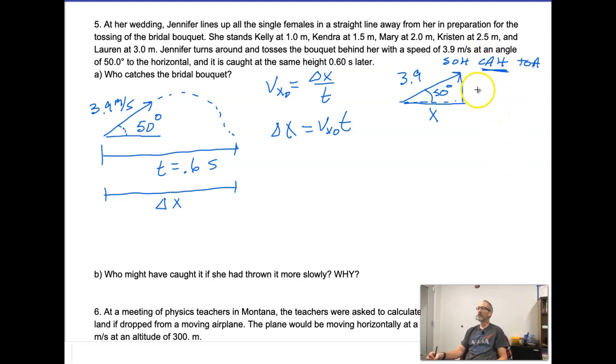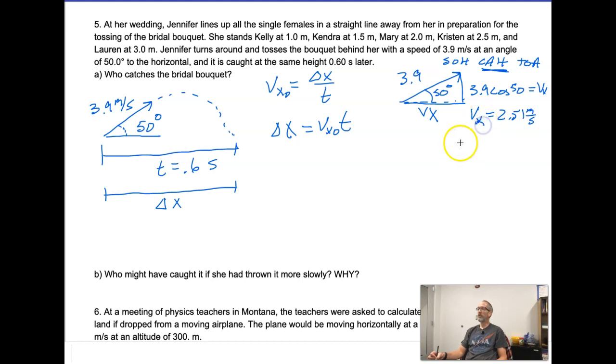We take the hypotenuse, 3.9, times the cosine of the angle, 50 degrees, and that gives me my velocity in the x. 3.9 times the cosine of 50 gives me 2.51, so Vx is equal to 2.51 meters per second.